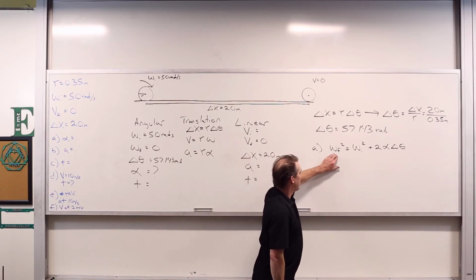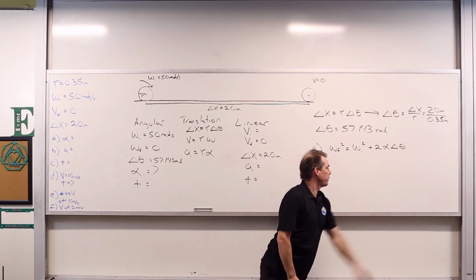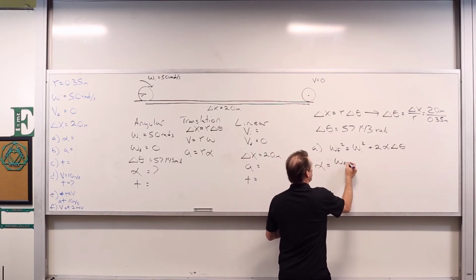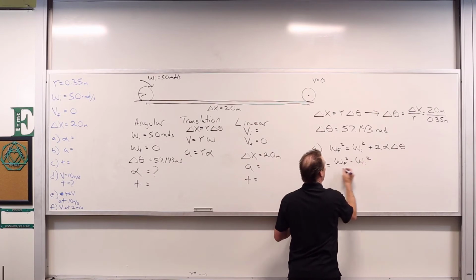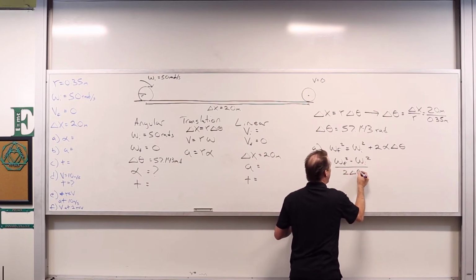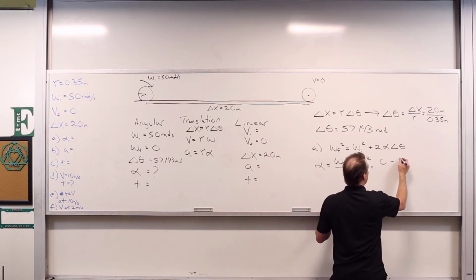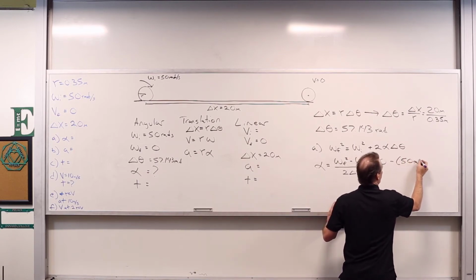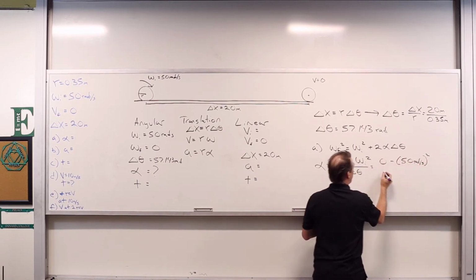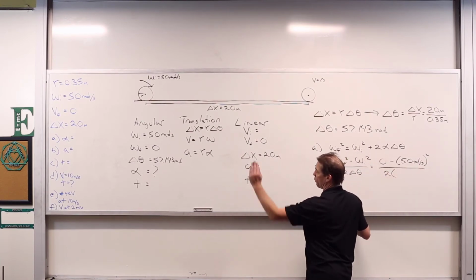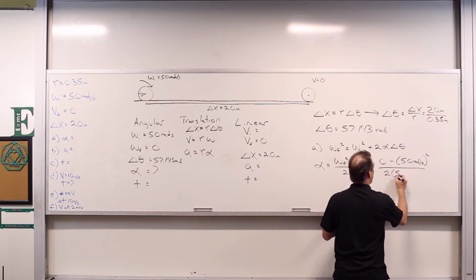Alpha is equal to omega final squared minus omega initial squared divided by 2 delta theta. Omega final is equal to 0. Omega initial was equal to 50 radians per second. That quantity is now squared, divided by 2 times delta theta, which is 57.143 radians.